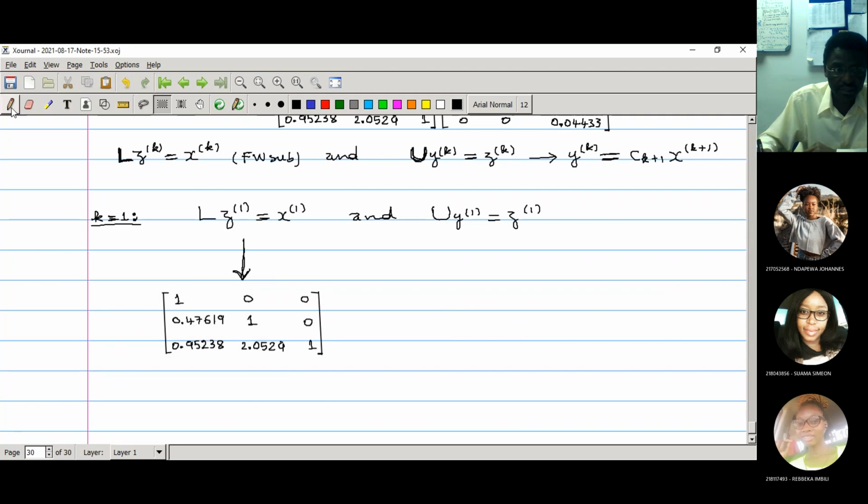Now for the Z: Z1, that will be Z11, Z21, and finally Z31.